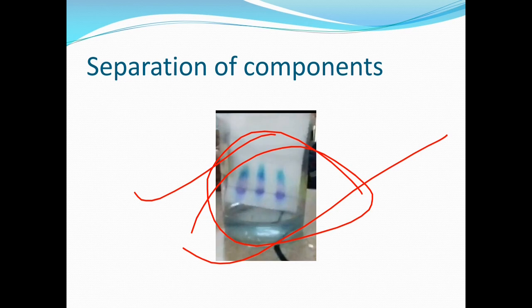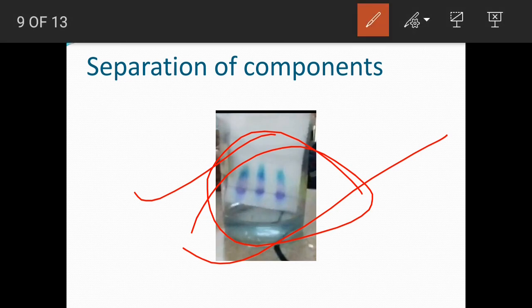Then you will take a small quantity of water in a glass. Why? Because we will not drop the whole filter paper into water. We will take water only up to this level.